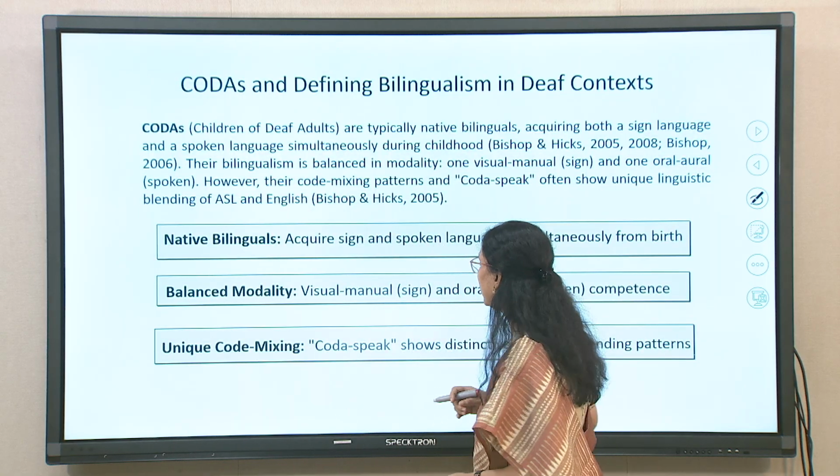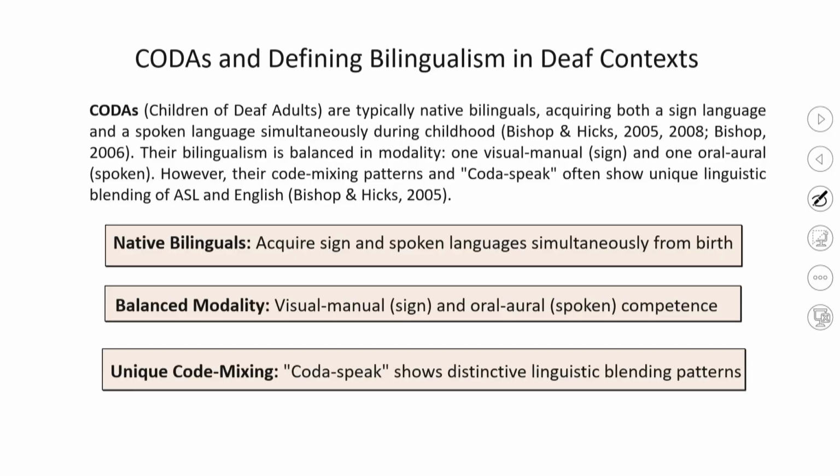Now, within this domain there is another important idea of CODA, that stands for children of deaf adults. Children of deaf adults are typically native bilinguals, acquiring both a sign language and a spoken language simultaneously during childhood.